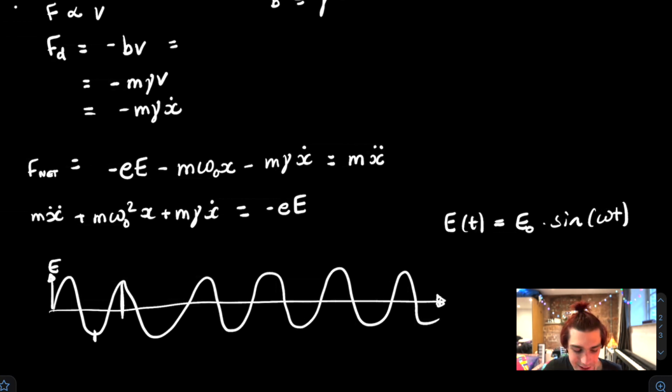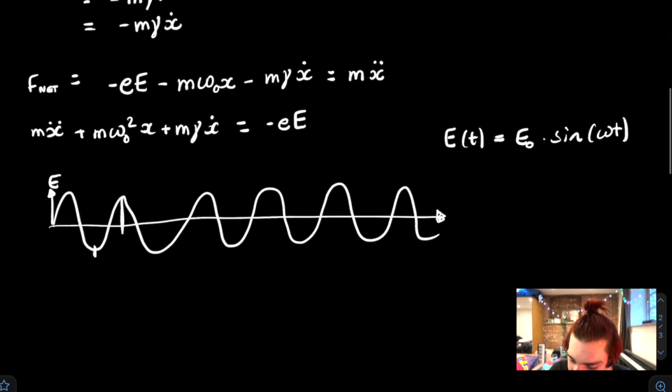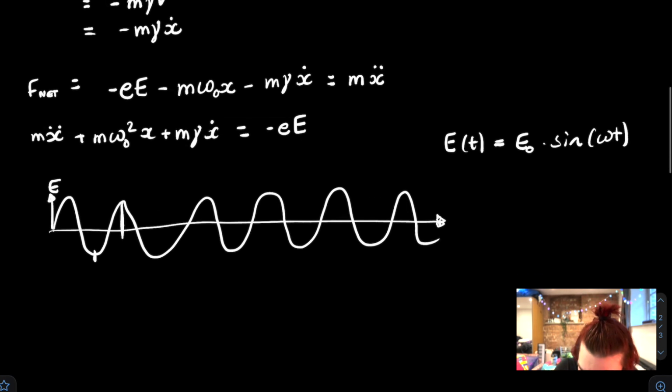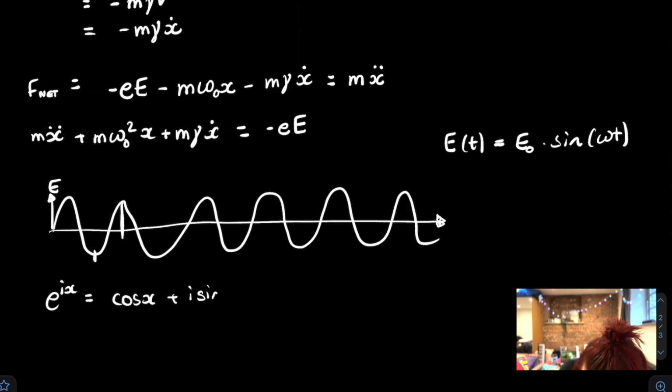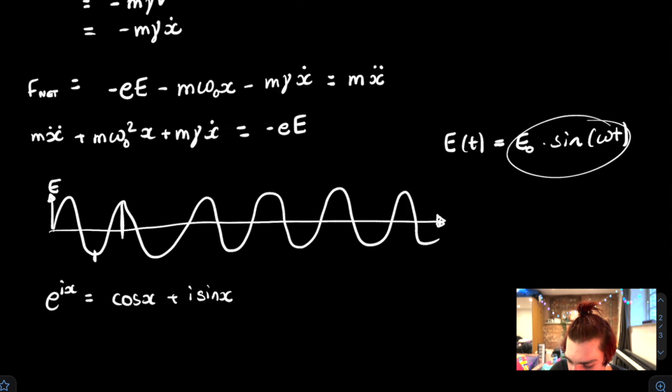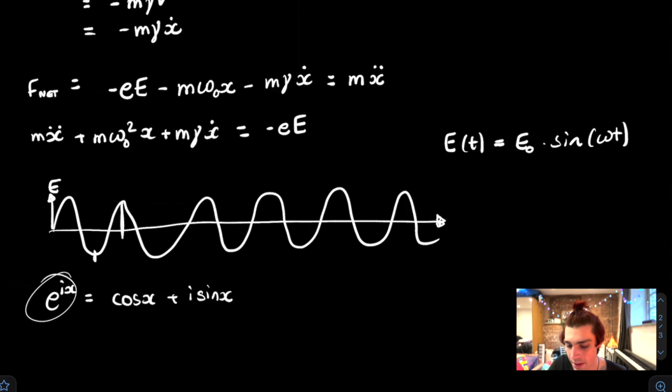But instead of writing this in terms of cos and sine, we can use Euler's identity, which says that e to the ix is equal to cos x plus i sine x, to write this in terms of an exponential.